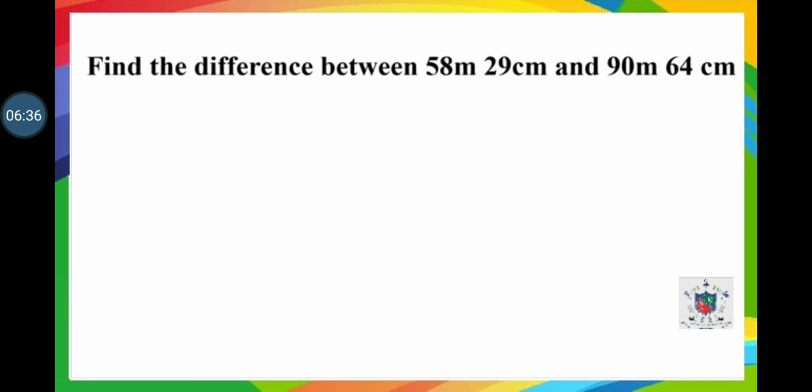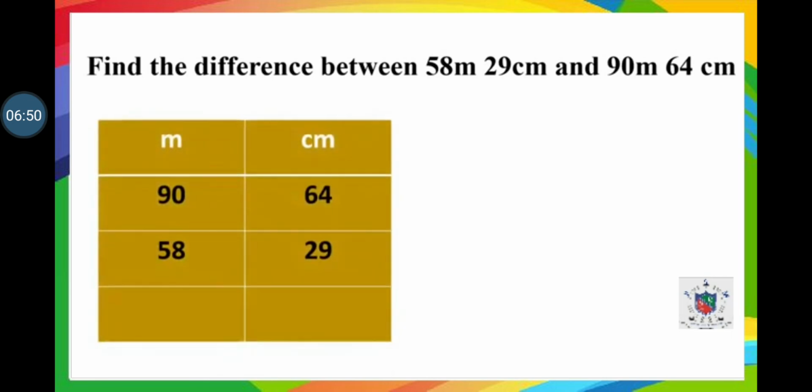As we know that the difference means we need to subtract. So here we are going to subtract the meters and centimeters. We have to list down the numbers under the units. So we have to subtract 64 minus 29. What do we get after subtraction?